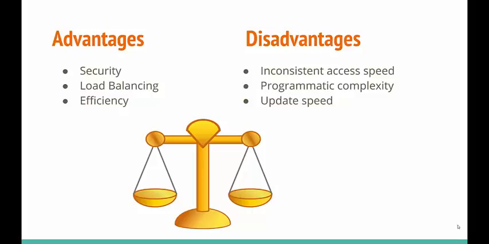It helps to isolate different parts of a table, for example, and make it a little more efficient in terms of how the data is managed. Some disadvantages: by spreading a table, for example, across multiple systems, you may have inconsistent access speed. Programmatically, it's complex, meaning that application programmers may have more complex code necessary to bring together the different partitions. And update speed is sometimes challenged, given that data in a particular table may be spread across multiple systems.